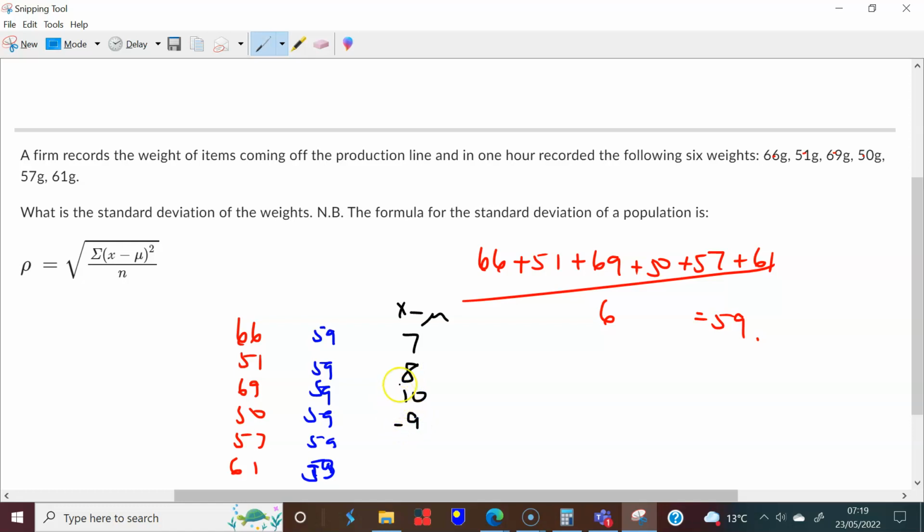That's minus 9. Well, it doesn't matter, we're going to square all of these anyway. That's minus 2, and that is 2 for 61 minus 59.